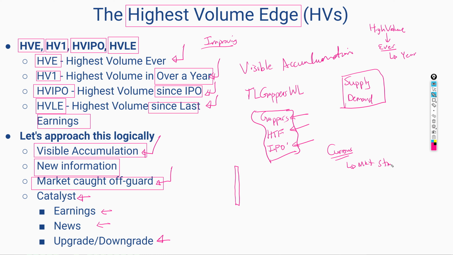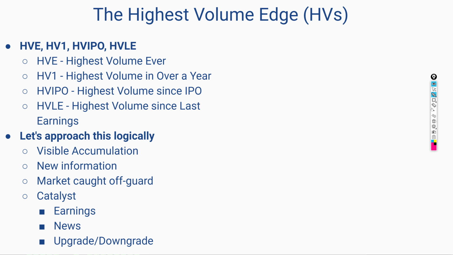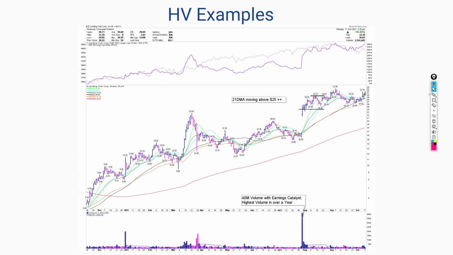If you notice something in the markets, you could personalize it. You have to go study it, and then you make it an edge in the markets. So now enough talk. Let's cover some examples to go over this. A recent example in 2021 has been this particular ticker, which is 40 million in volume, and this was the highest volume in over a year with a high closing range.